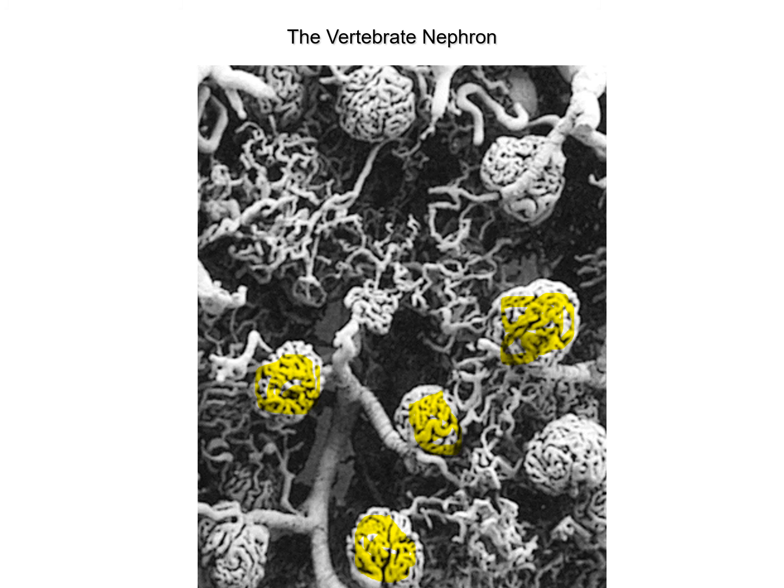So you're left with this skeleton cast, essentially, of the vascular system of the kidney, these glomeruli rather.